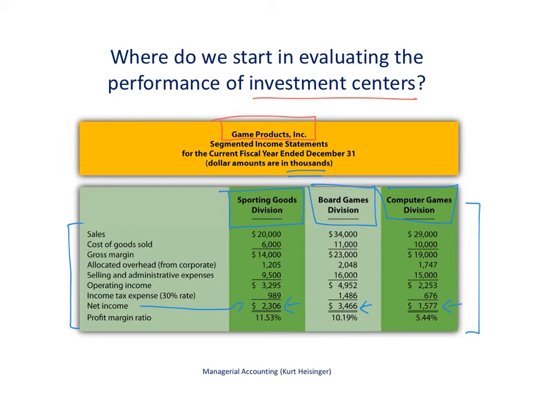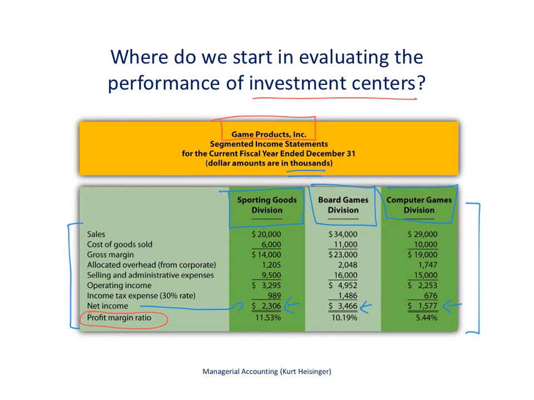So to further enhance this analysis, we can take a look at the net income amount compared to sales, and that is called the profit margin ratio. We can look at net income and divide it by the sales at the very top.